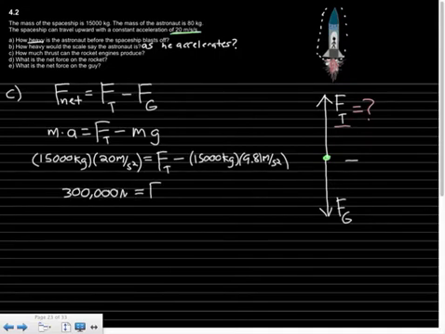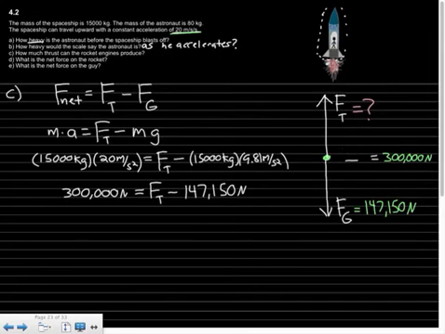It equals the thrust force minus what we calculated as 147,150 newtons. So now we can put it in our picture here. So the sum of these two is going to equal 300,000 newtons. Force of gravity is equal to 147,150 newtons.